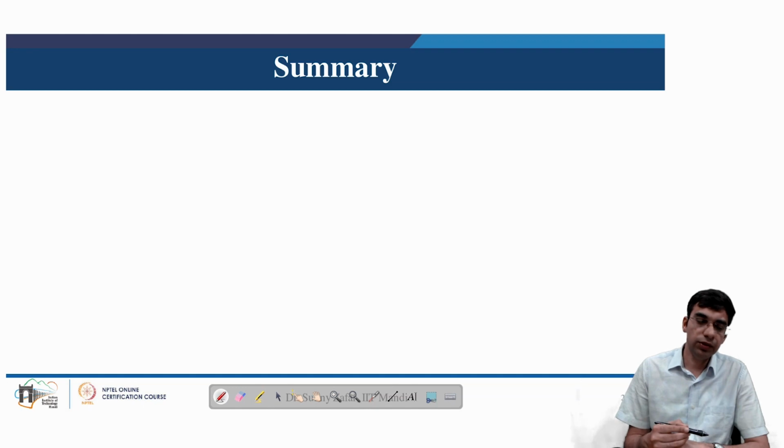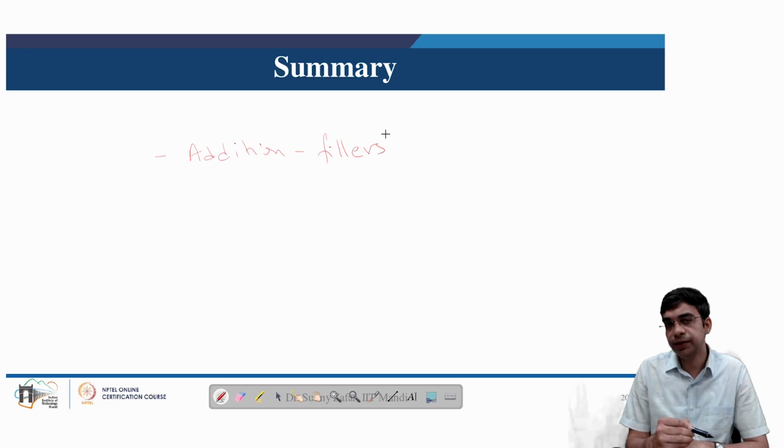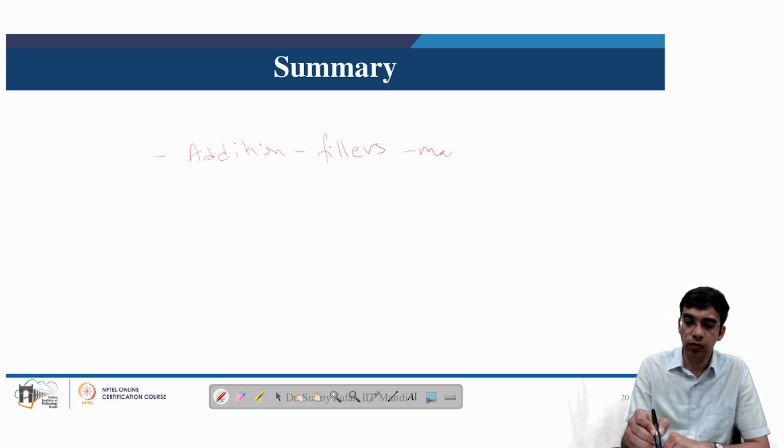So with this we come to the end of this lesson. We will now summarize what topics are covered. In this lesson we have seen in summary the various properties of the matrices. We have seen how various fillers are added to the matrix to change the various properties of the matrix and of the overall composite.